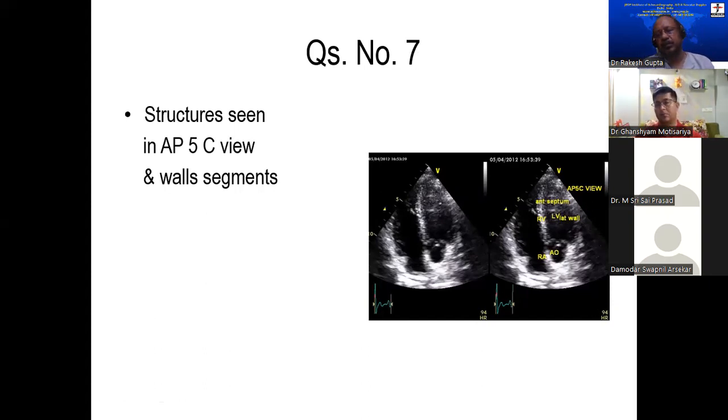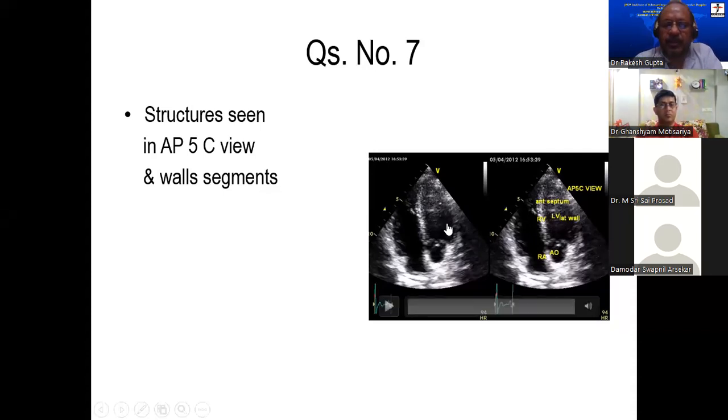The segments we can see are basal anterolateral, mid anterolateral, apical anterolateral, apical cap, apical septal, mid inferoseptal, and basal inferoseptal. You can also see the RV. First of all, tell me what this segment is. Sir, mid inferoseptal. Basal inferoseptal. Mid inferoseptal.